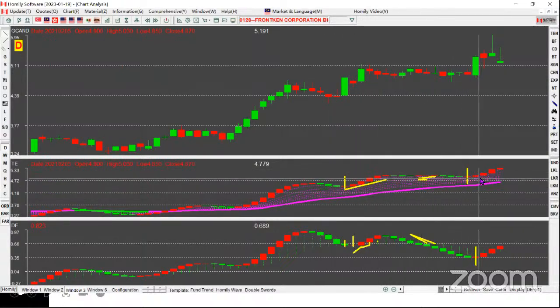So maybe for some short-term traders, this will be useful. If you trade uptrend shares, the Trend Expert is faster. If you trade downtrend shares, the Deviation Expert is faster. And for normal traders like you and me, you just combine these two, the Trend Expert and Deviation Expert.